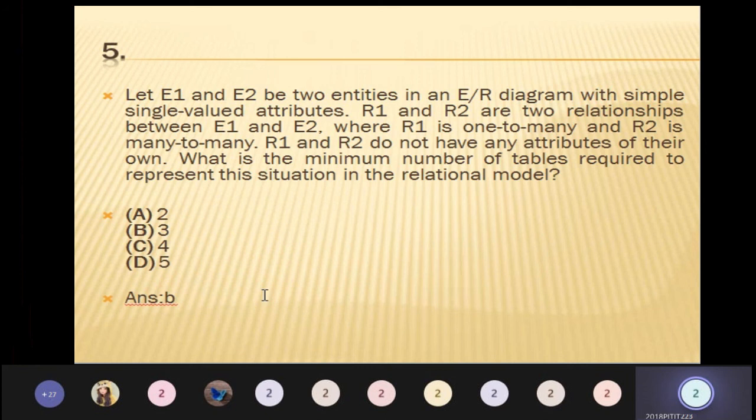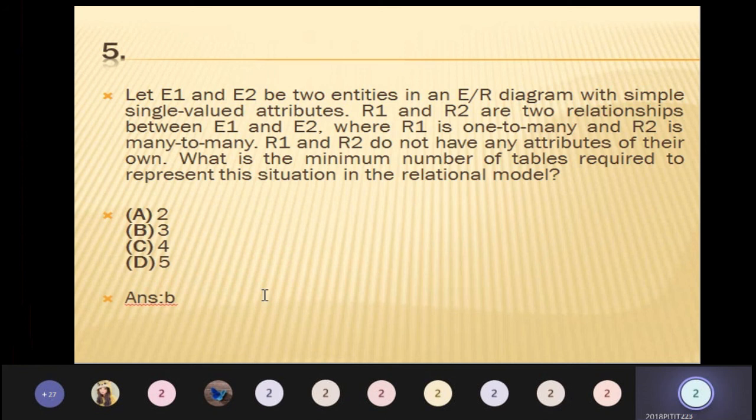R1 and R2 do not have any attributes of their own. What is the minimum number of tables required to represent this situation in the relational model?